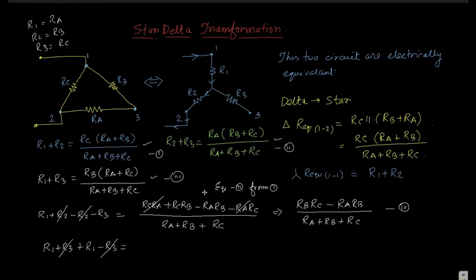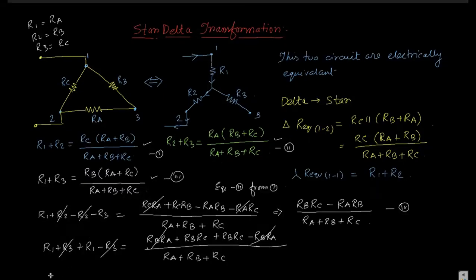So if you add this, you get this and this. In the denominator, RA plus RB plus RC is there, then it becomes RBRA plus RBRC plus RBRC minus RBRA. So this cancels out.